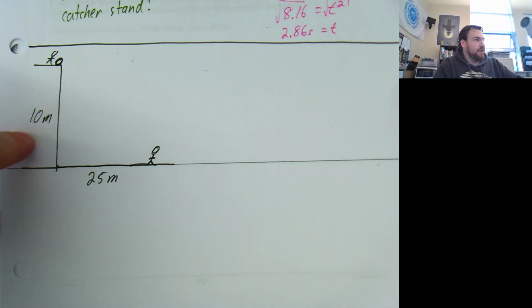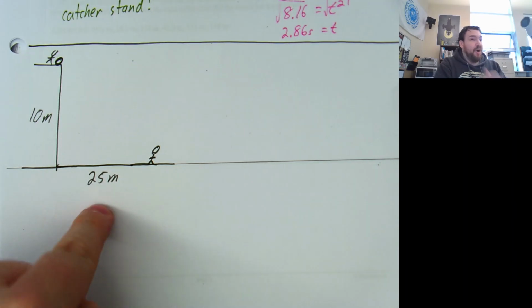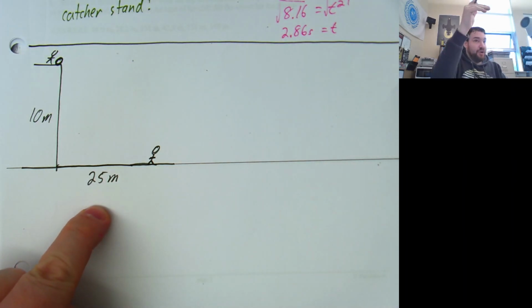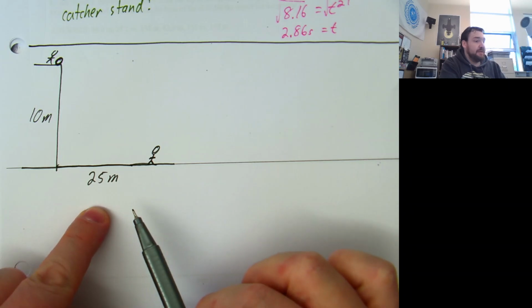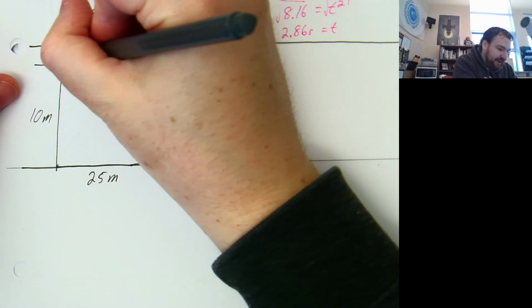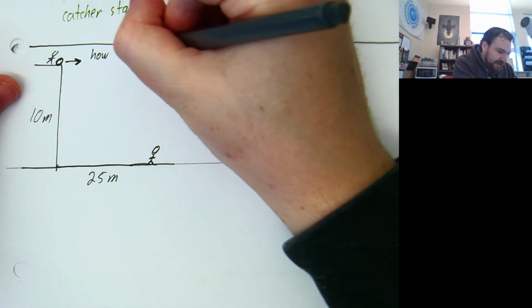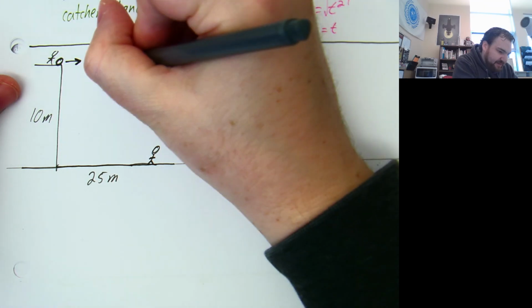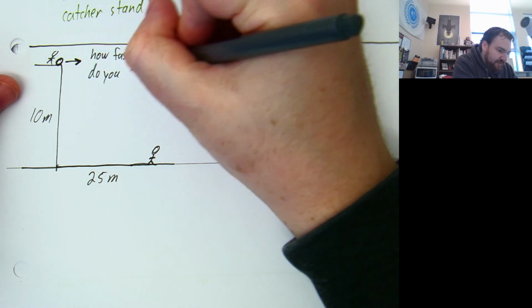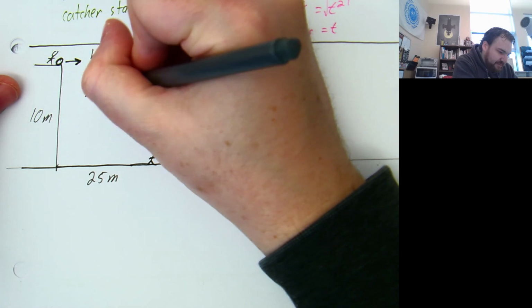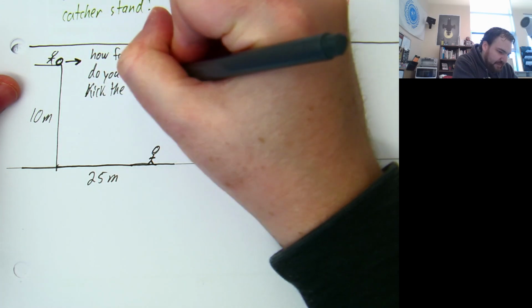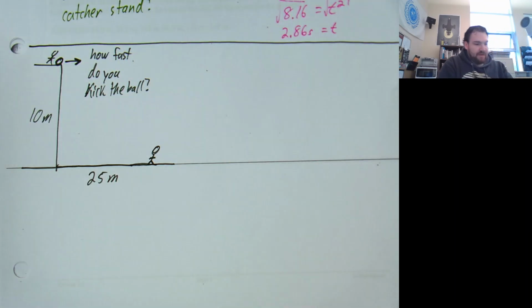You know the height of the building on which you're standing. You're able to ballpark that the person that you're trying to get the ball to is about 25 meters away. The question here is going to be, how fast do you kick the ball, given these parameters?